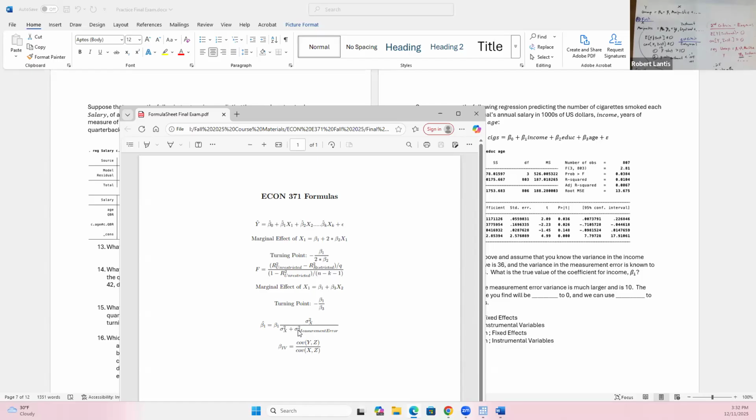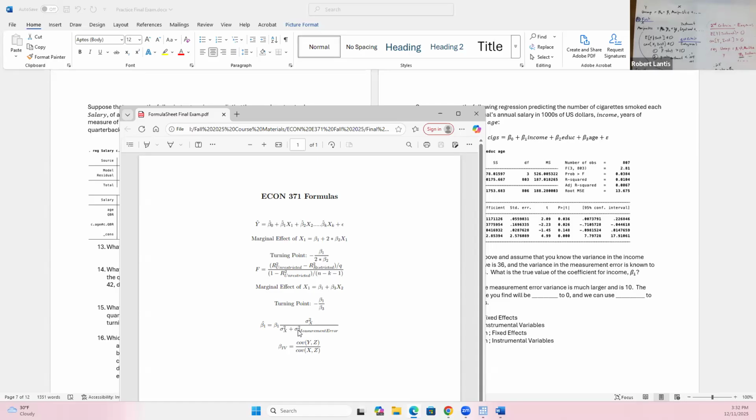If I take a number and I divide it by a number plus a positive amount, this fraction will always be less than 1. So the actual coefficient would be multiplied by something less than 1. So the coefficient estimate I see for my regression, if the variable has measurement error, will always be too small, or what we called attenuation bias. It's attenuating it towards 0.